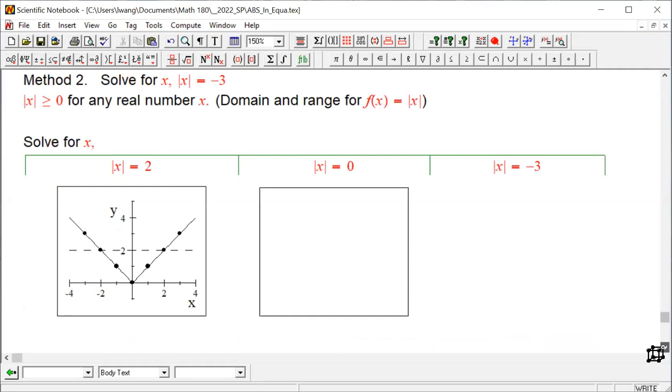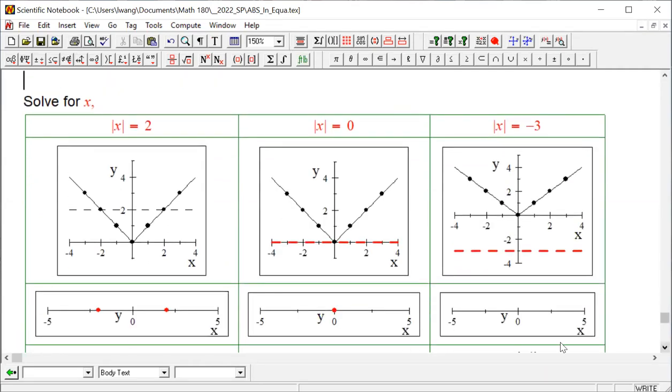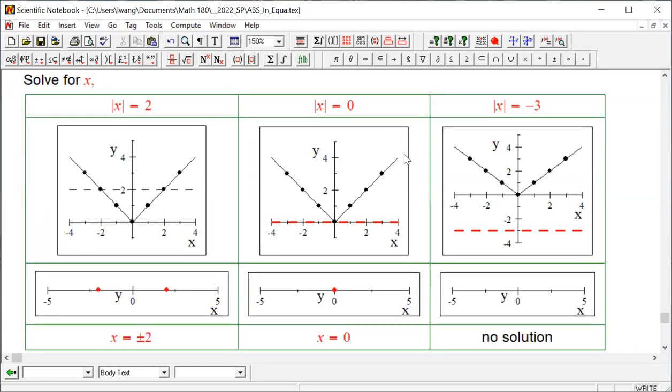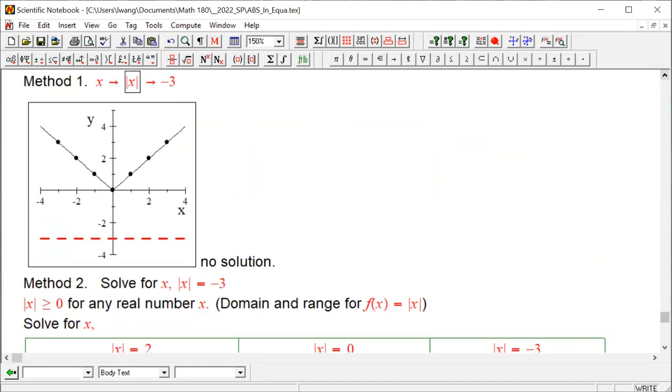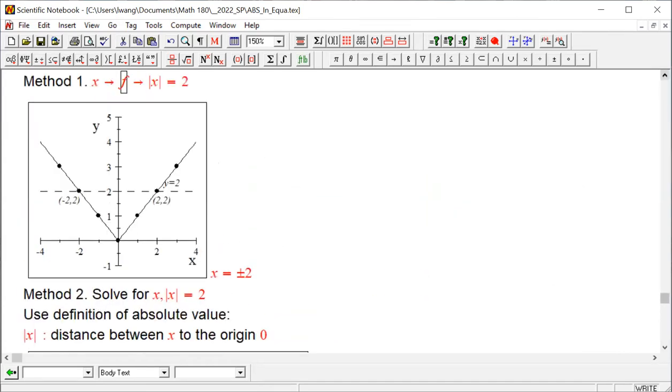Okay, so let's summarize. We have these 3 cases, and we're solving for x. If the absolute value of x equals 2, then we have 2 solutions. I'm going to bring in the picture I modified. I think I like that picture better.